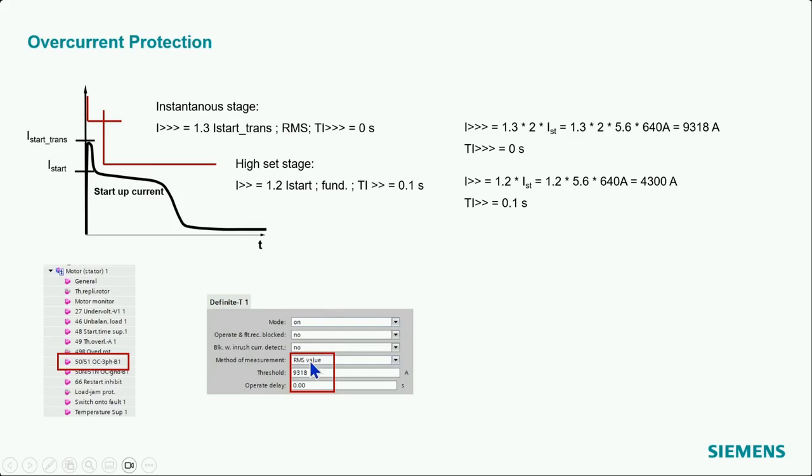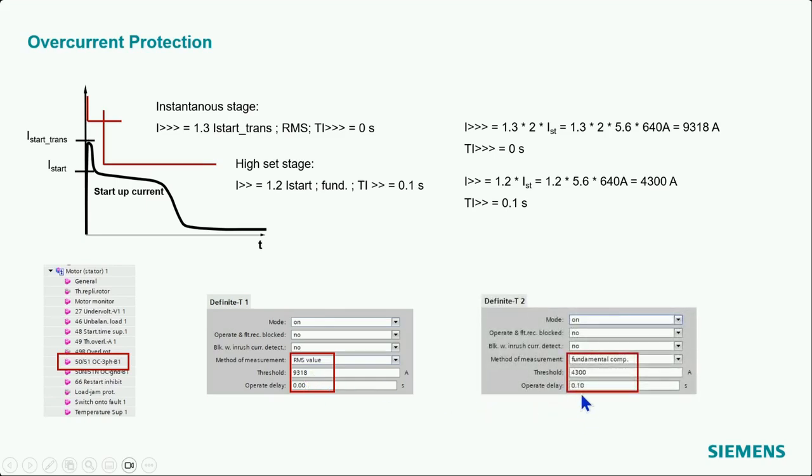So I take the RMS value, then the 9,318 amps and no time delay, sorry. And in the second stage we have the time delay of 100 milliseconds, and we have the lower value of 4,300 amps, and we use the fundamental component for the evaluation.